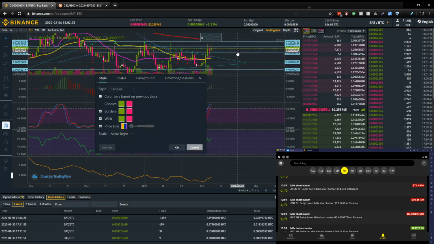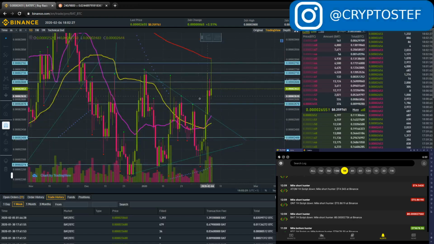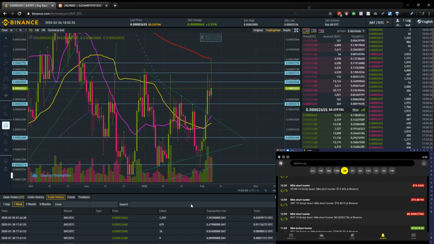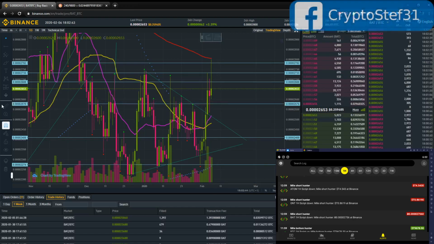But I'm thinking this will happen to this coin. So this is the most bearish coin I have seen. 25860. So how much gain did I have?